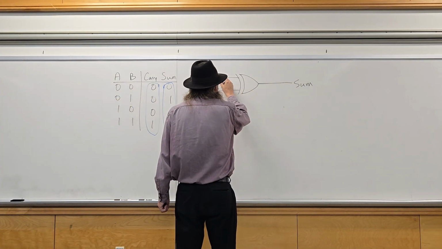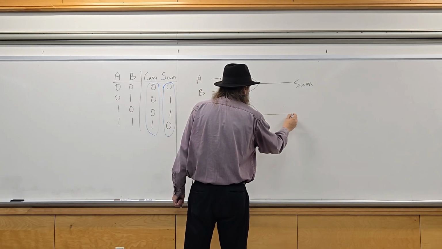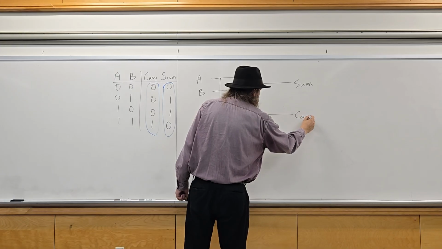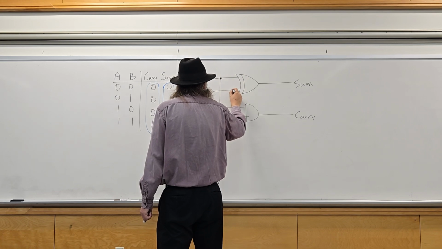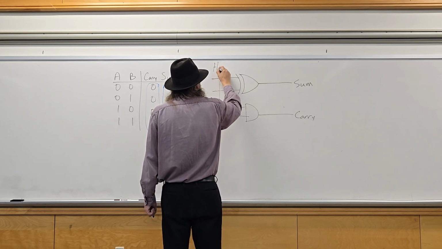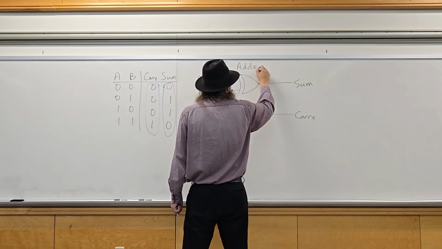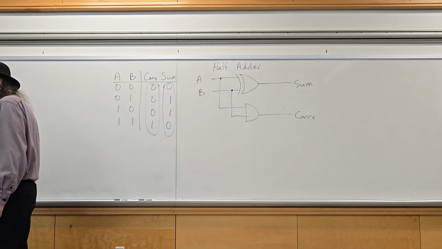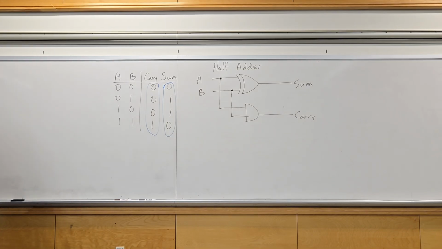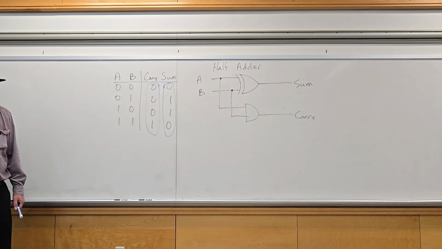So you have your half adder. That's a half adder. It adds two binary digits together to get a sum and a carry.